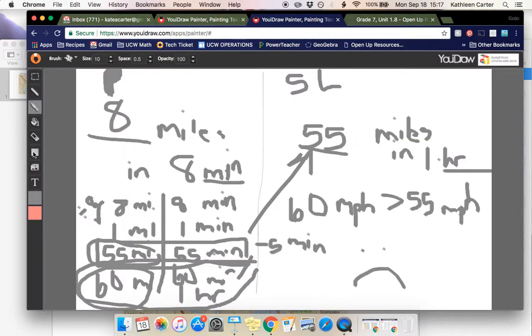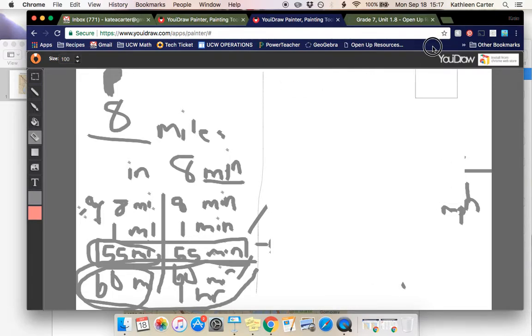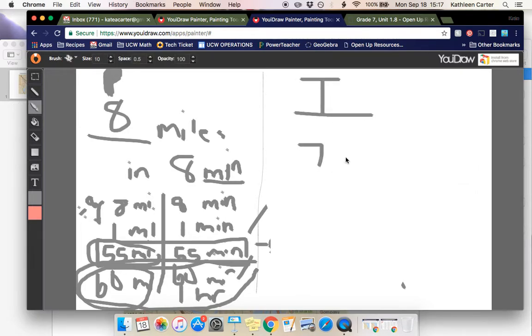So now if we compare Peters to Trump, he's going 7 miles in 8 minutes.